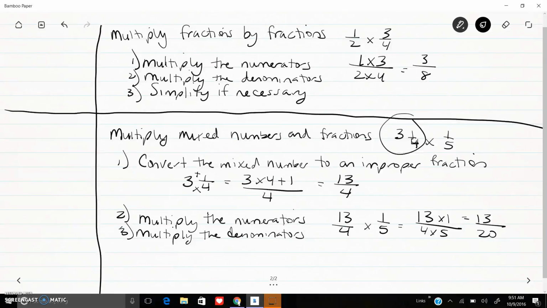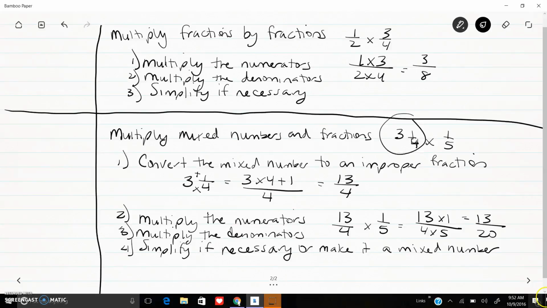And then since I'm multiplying a mixed number by a fraction, my answer almost all the time would be a fraction. So I would simplify if necessary. If you ever do have a whole number or an improper fraction as your answer, you would have to flip it over and make it a mixed number. So you would simplify if necessary or make it a mixed number by dividing the numerator by the denominator.